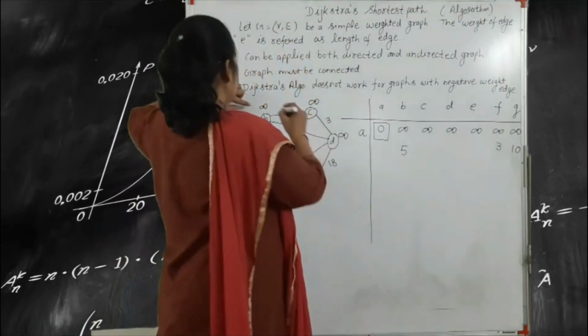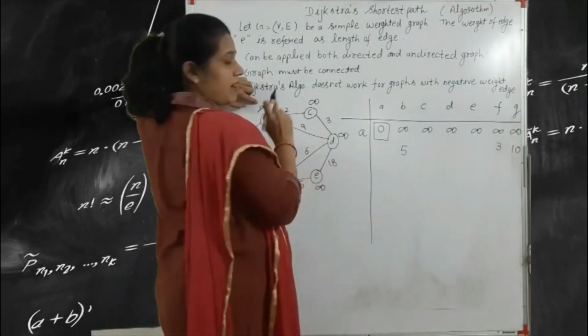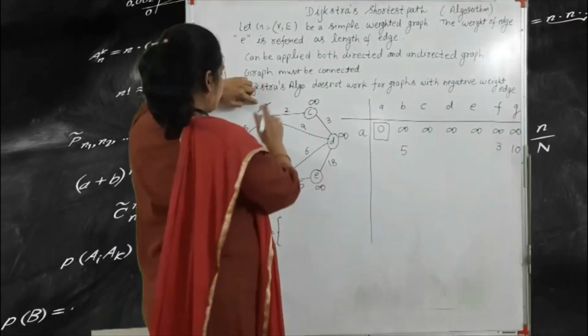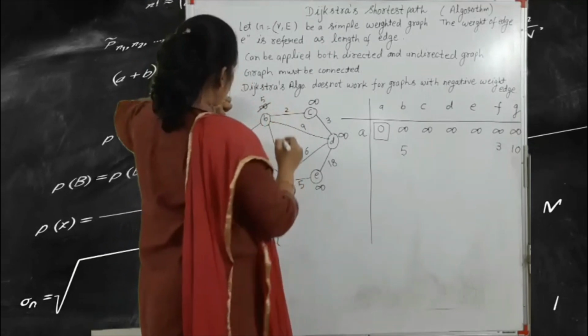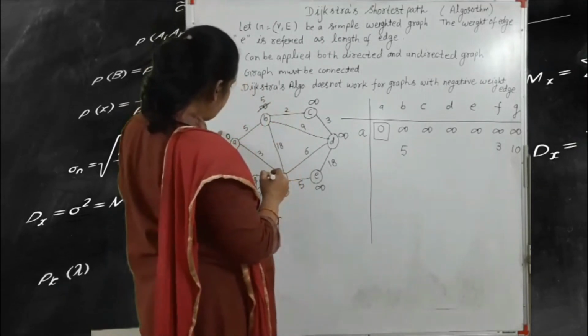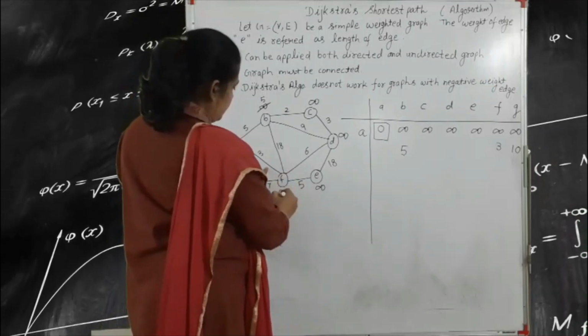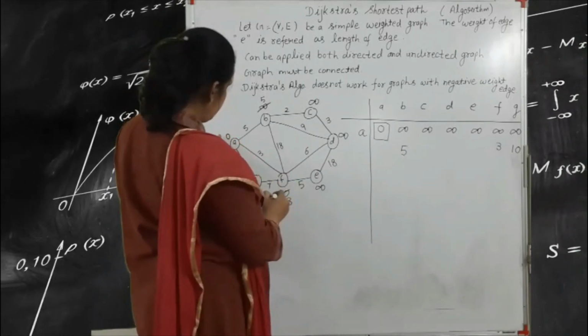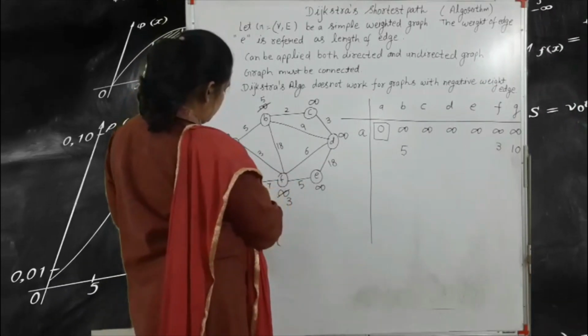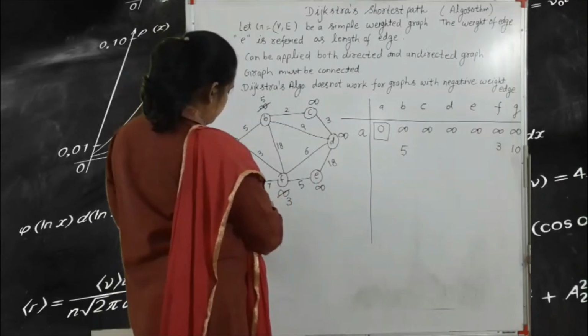So here immediately you cross out your infinite distance and write here 0 plus 5, 5. Here 0 plus 3, write here 3, and here 0 plus A to G, so write here 10.